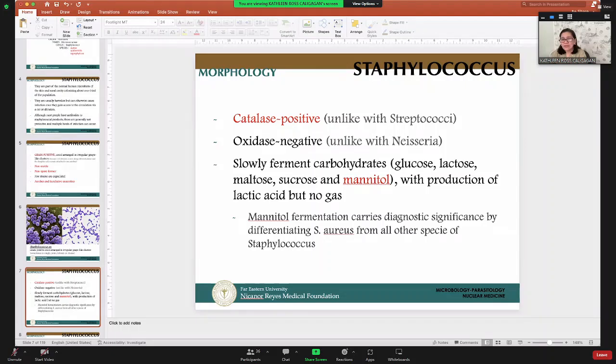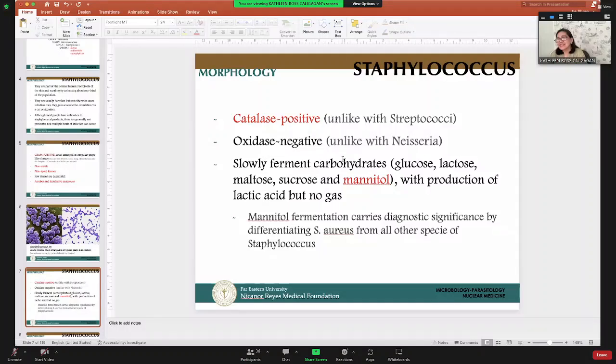So Staphylococcus can utilize different kinds of sugar as a source of energy, such as glucose, lactose, maltose, sucrose, and mannitol. If you can see there, mannitol is highlighted in red font. Why? Because mannitol also carries a diagnostic significance.